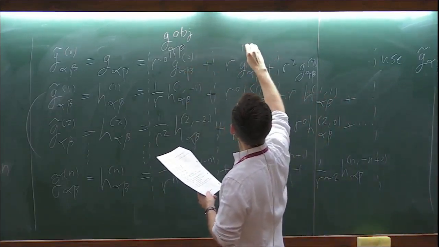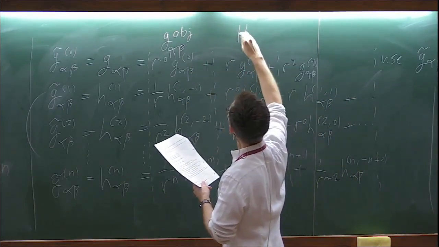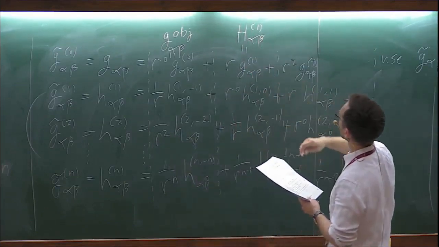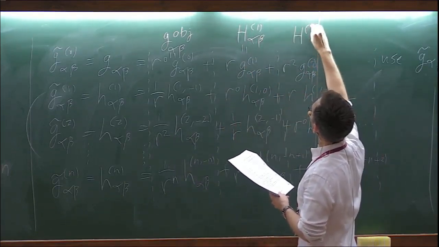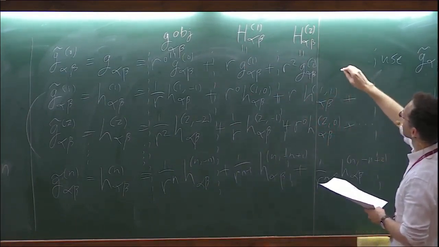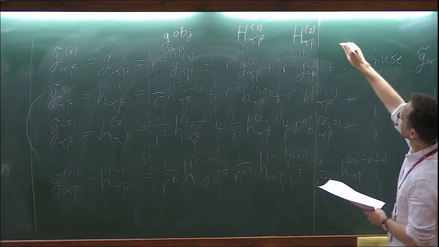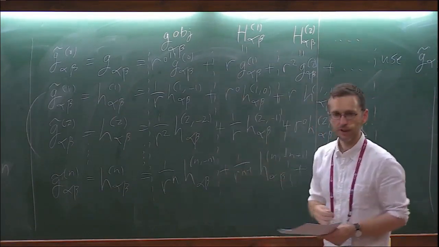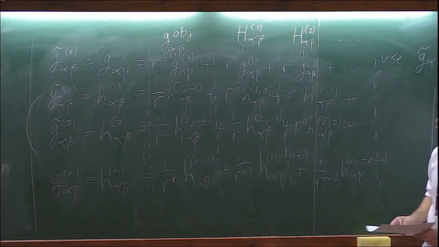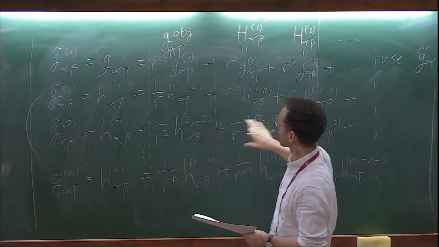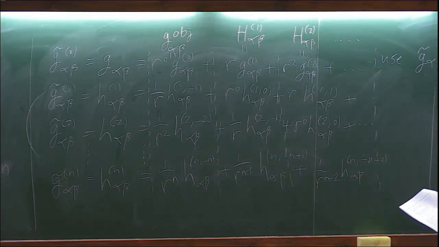Then this next column is capital H1, where the sum of all these is capital H1. Next column is capital H2, and so forth. So each row is a term in the outer expansion, each column is a term in the inner expansion. And the coefficients, like this, always have to agree term by term. You always have the same coefficients.